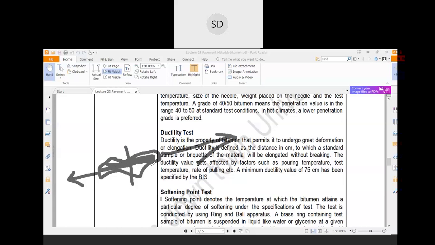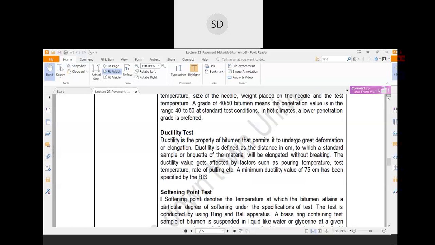After pulling, how much the bitumen can take the load without breaking, that is basically the ductility test. Ductility is the property of bitumen that permits it to undergo great deformation or elongation without any breaking.